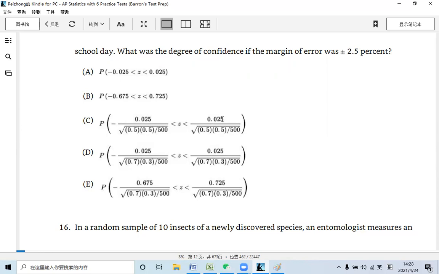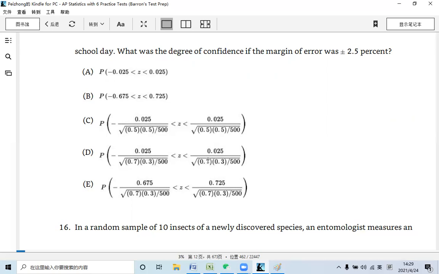Here, 0.05, that's good. Does this look good? 0.5. Here's a proportion. This one doesn't look good. This one looks better.